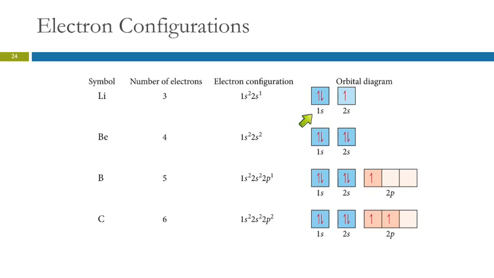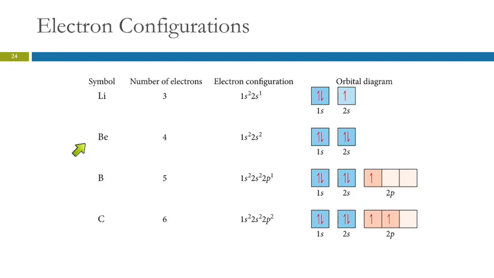Here on the first floor, there's an s room, and I can put 2 people in there. On the second floor, there's another s room, and I could put 2 people in there, but I only need to put 1 person in there. So now I've accounted for the 3 electrons in lithium. And then the electron configuration can be read directly from the orbital diagram. Here's 1s, it's got 2 electrons, so 1s2, and the 2s has 1 electron, so 2s1.